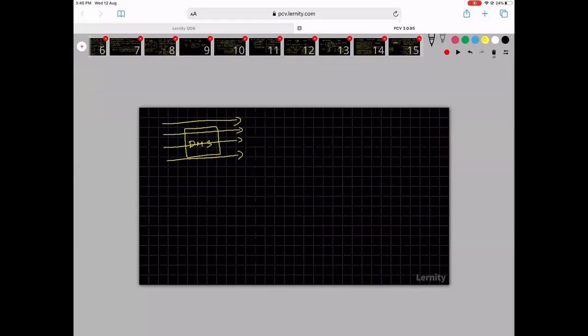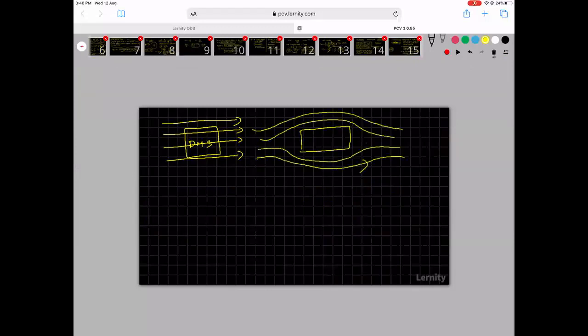Diamagnetic substance wants to go away, so this will have an influence on the magnetic field. If you have a diamagnetic substance here, the magnetic fields tend to avoid it. This is how the magnetic field goes around diamagnetic substances.